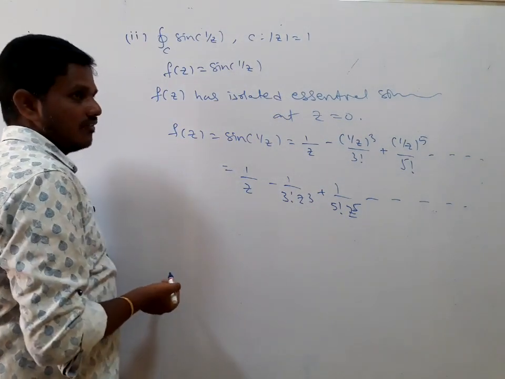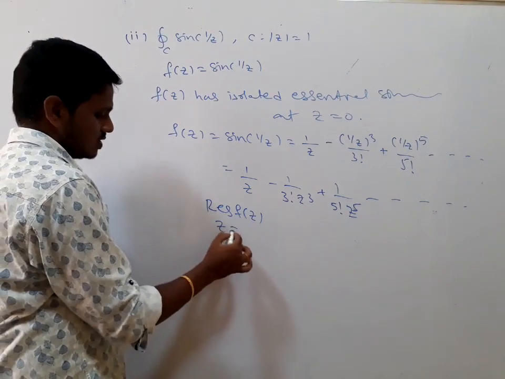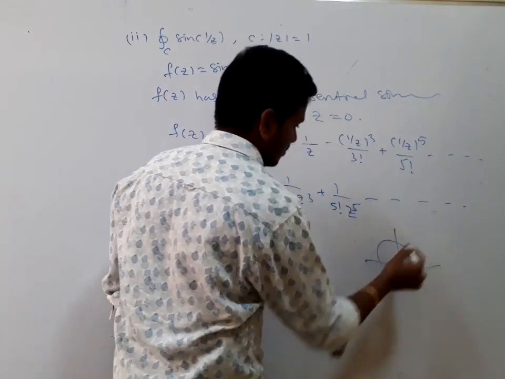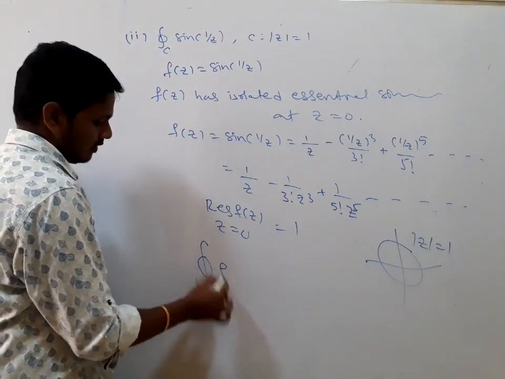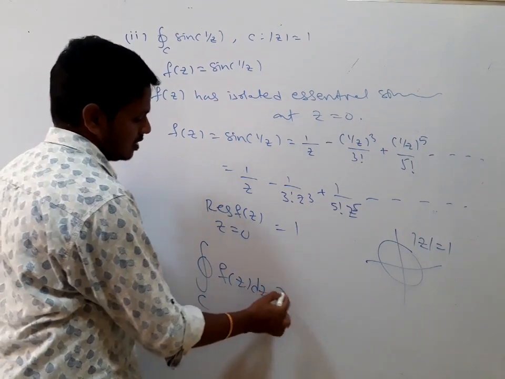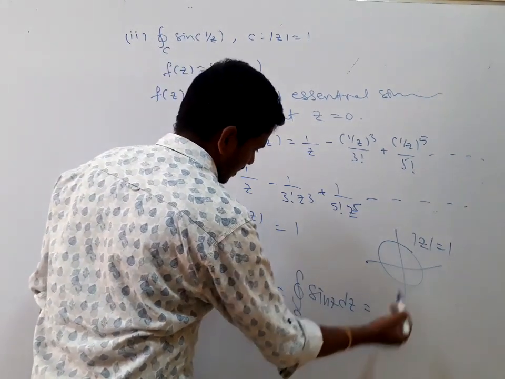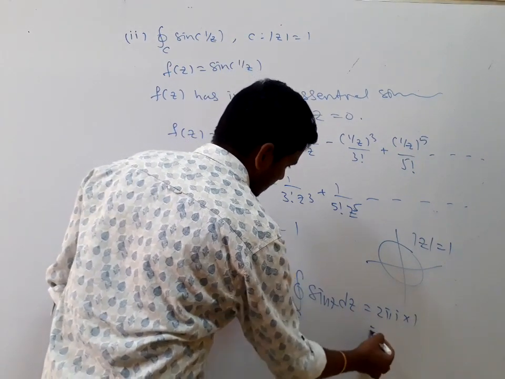Right, the coefficient of 1 by z is the residue. The residue of f of z at z is equal to 0 is 1. The region is mod z is equal to 1. So what is the integral value here? The integral over c of f of z dz is equal to 2 pi i into 1, which is 2 pi i.